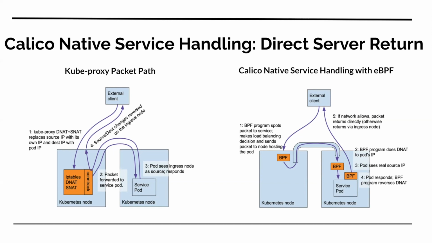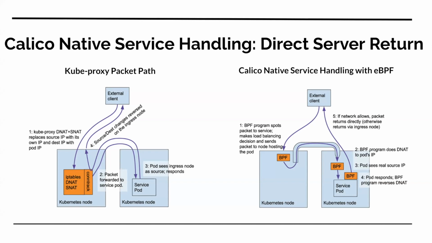And in addition, application of source network address translation, or SNAT, replaces the client source IP address with a local node IP address. And the SNAT is done so that the service pod will send its response back to the original node, where the DNAT and SNAT can be reversed before the response is then forwarded back to the client.